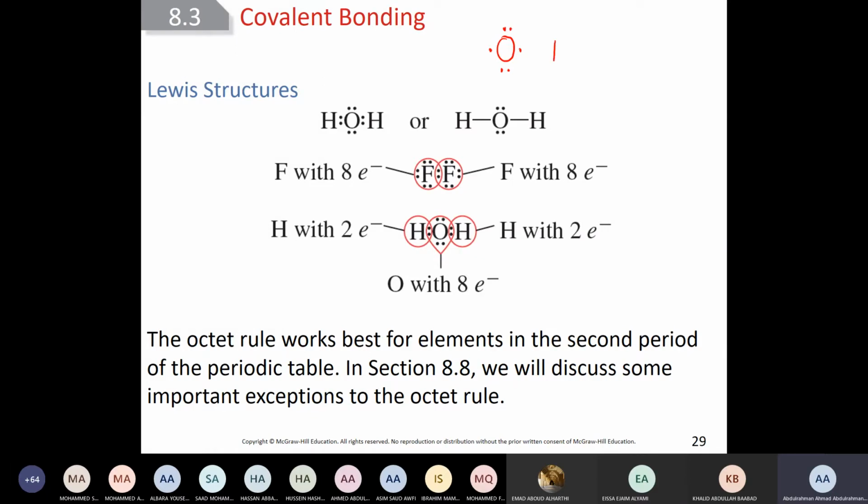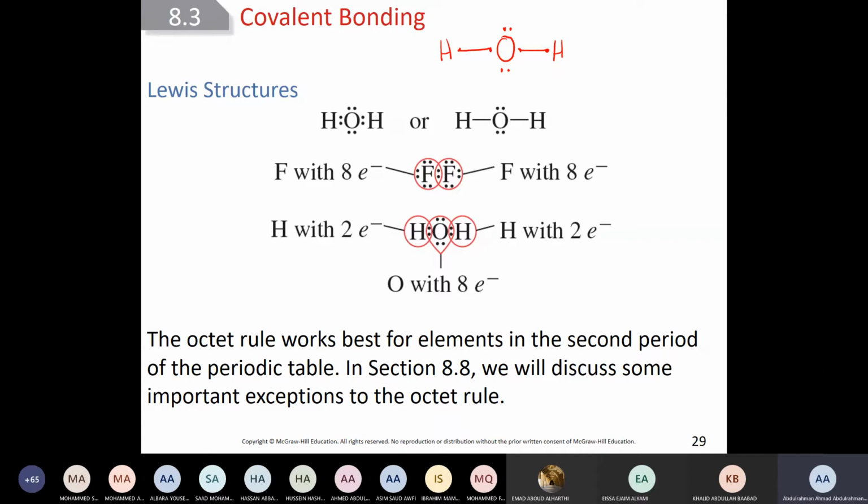If we talk about water, then this electron can be shared. Now, how many electrons around the oxygen? 7. If there is another hydrogen and they share these electrons, how many electrons are now around the oxygen? There are 8 electrons around the oxygen.